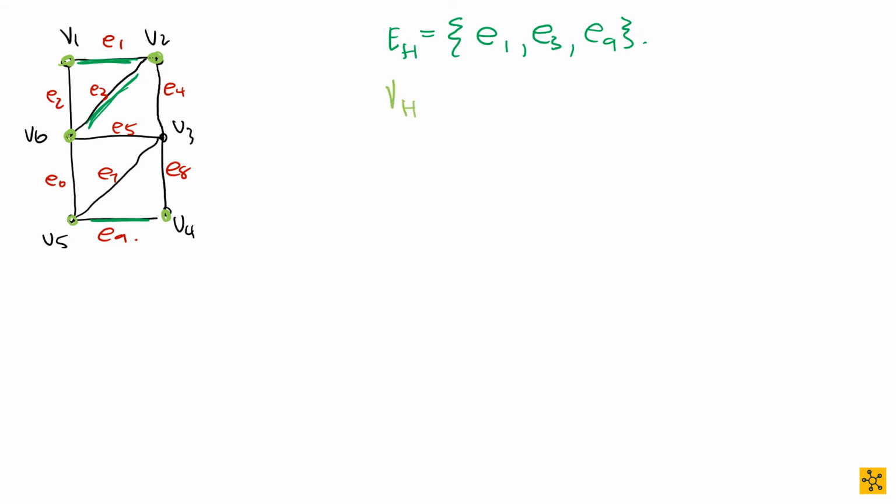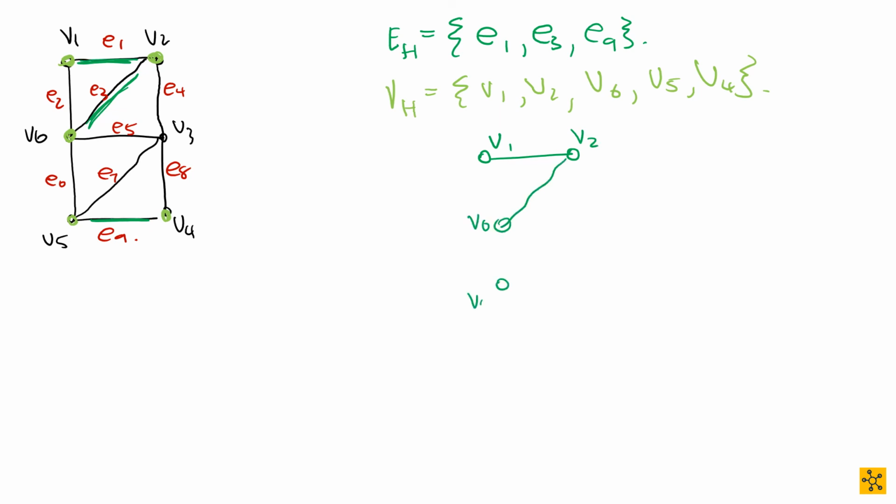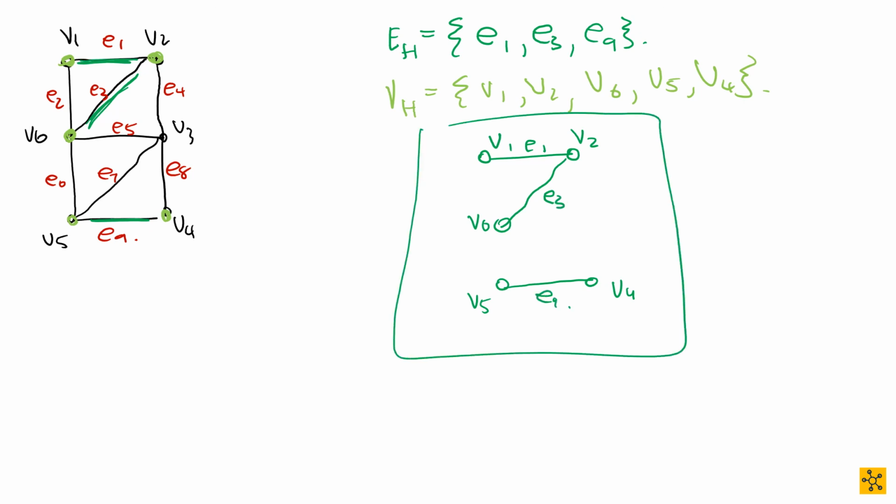So VH is going to equal V1, V2, V6, V5, and V4. You can write in order, it's not a big deal if you don't. And if we had to just go ahead and draw this subgraph, we'd have V1 to V2, V6, V5, V4, that over there, and that's E1, that's E3, and that's E9. So that would be our edge-induced subgraph.